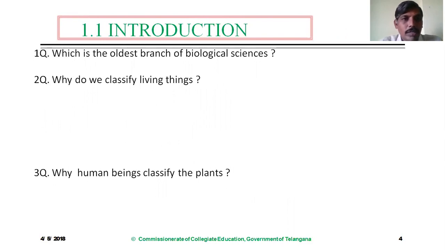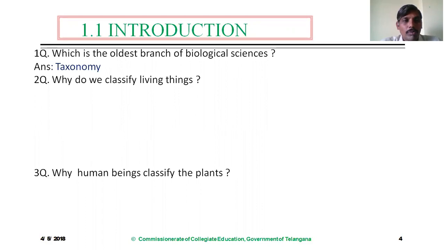A small question to the students: which is the oldest branch of biological sciences? Everybody knows the answer very well. That is, taxonomy is the oldest branch of biological science, because from the Stone Age onwards, uncivilized man categorized plants based on usage.